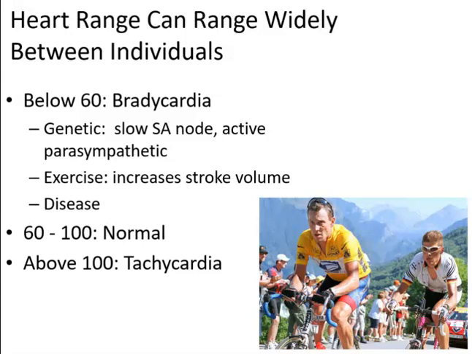We consider a heart rate between 60 to 100 to be normal, so that when we take a person's pulse or heart rate in a clinical setting, ideally we want their heart rate to be between 60 to 100 beats per minute. And anything above 100 is considered tachycardia. Brady meaning slow, tachy meaning fast, so above 100 is considered tachycardia.